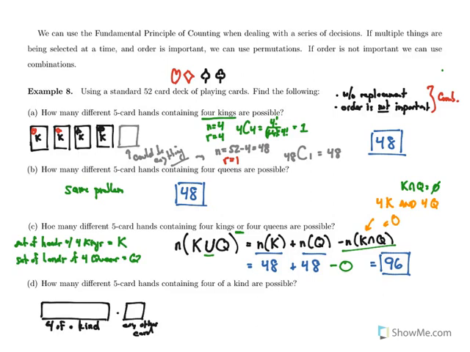Well, for the 4 of a kind, all we really need to choose is which card we have. We need to choose, are we doing a 4 of kings, a 4 of queens, a 4 of jacks, a 4 of fives? Right? And there are 13 choices here. There are n equals 13 cards, and we're choosing 1.